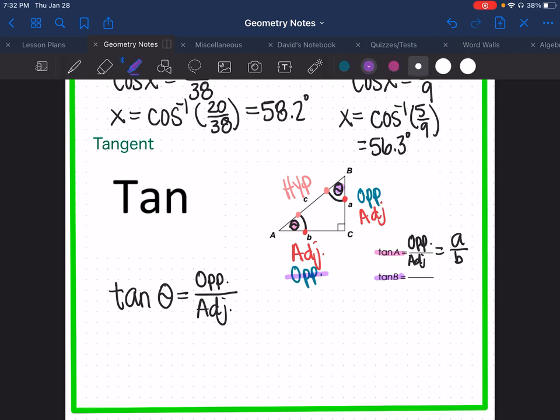Remember, this is for the purple, these are for the pink. But that doesn't change my answer over here. It's still the opposite, but with purple, that's B, and it's still over the adjacent, but with the purple, that's A. Notice that these two are reciprocals of each other because they flipped. The tangent's the only one that does that.